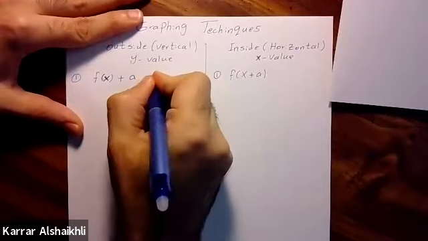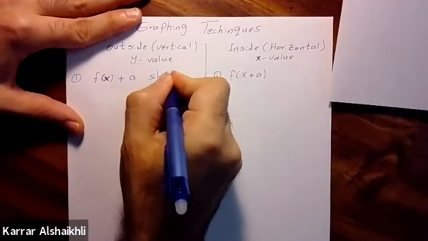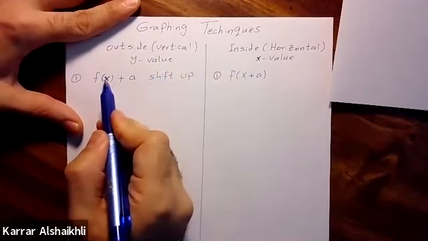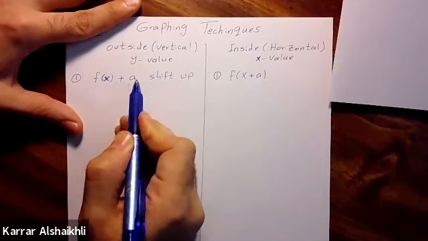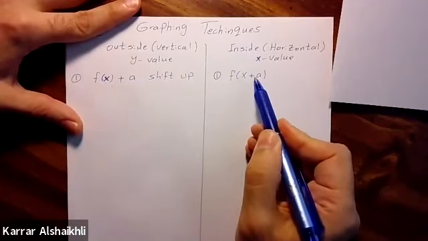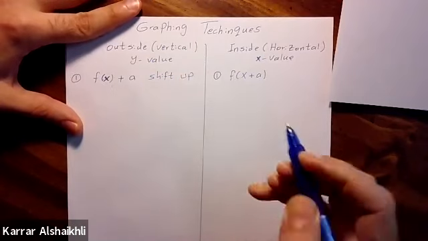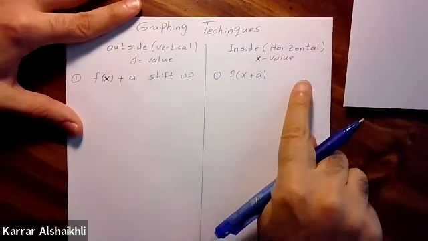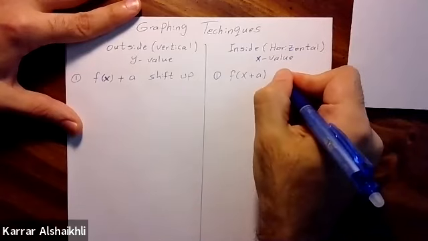So this one is shift up. Now you see x between the parentheses plus a number, the technique inside the parent function. So this one, be careful, is not shift to the right, it's shift to the left.